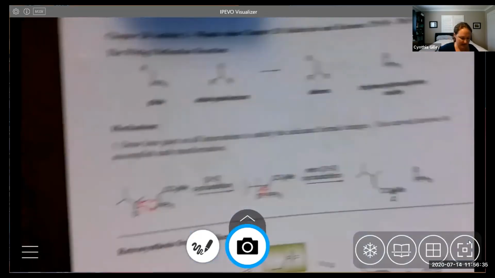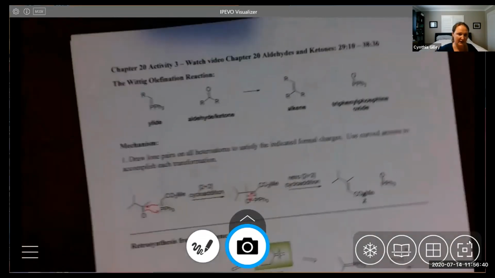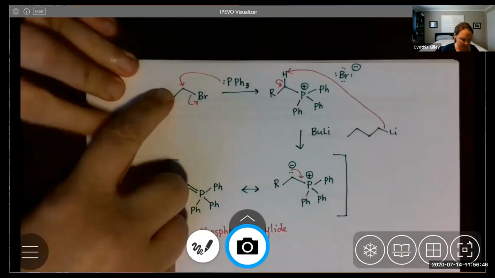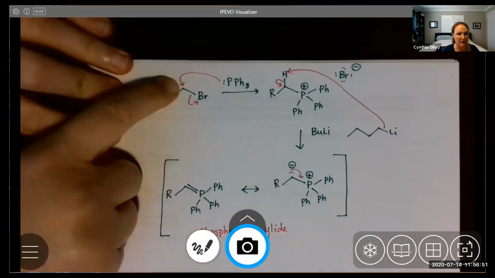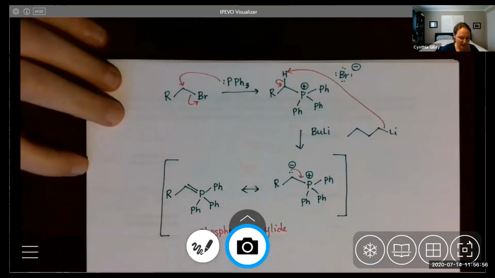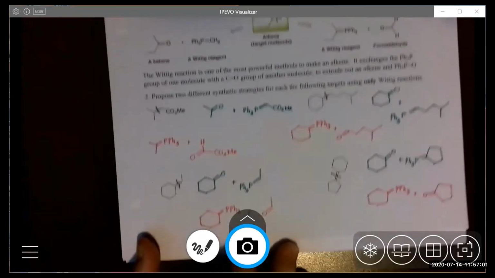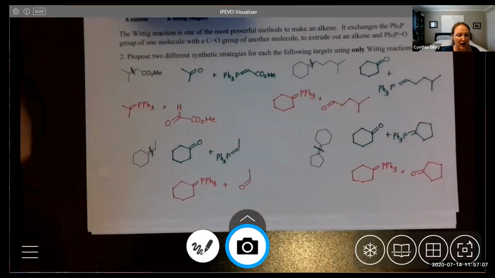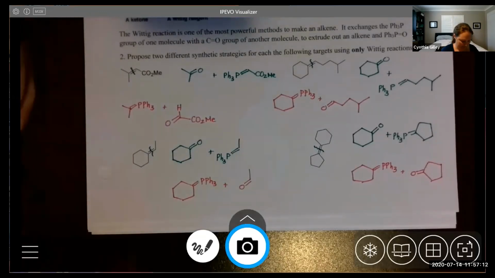But you were right. So your first question about the making of the Wittig reagent: because we're relying on an SN2 reaction, it is much better for this to be a primary carbon or methyl than secondary. And so that is true. So when you look at some of these choices, we didn't talk about this at the time, but you could potentially rank what is the better option based on the ylide.